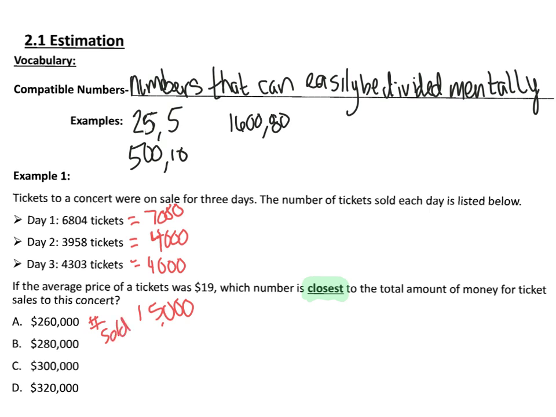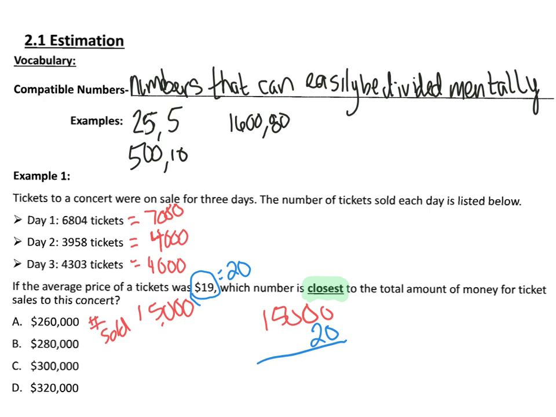Okay. Now we need to estimate the price. So the price was $19. I'm going to round that to about $20. And we want to figure out the price in total. So we want to figure out our total price. So what that means is we're going to take this 15,000 and multiply it by 20.